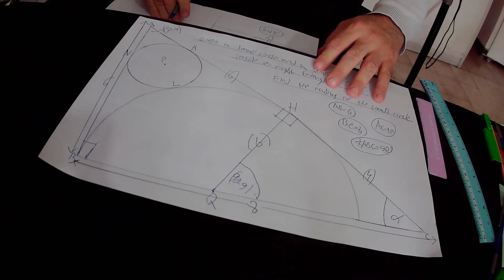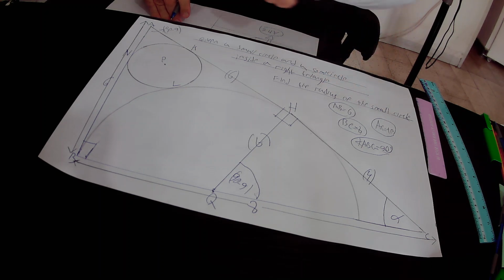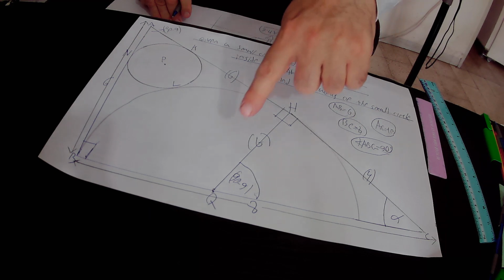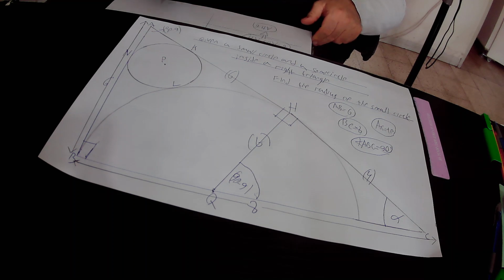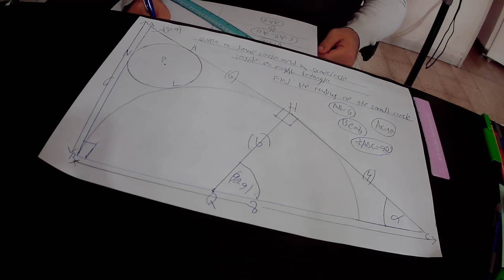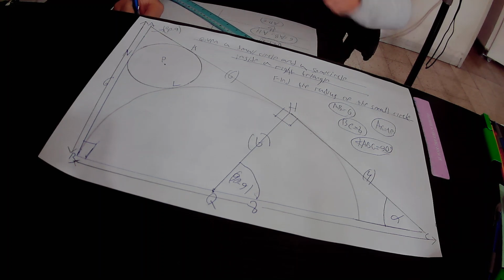In the next step, we will prove that the big right triangle ABC is similar to this small right triangle HQC. So I write it down. The big right triangle ABC is similar to this small right triangle HQC.